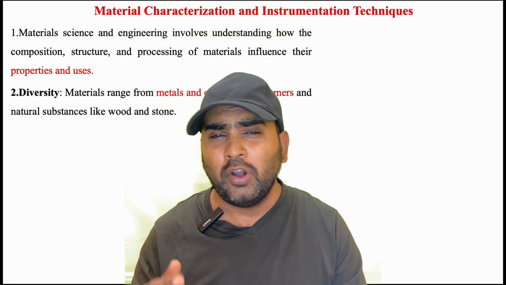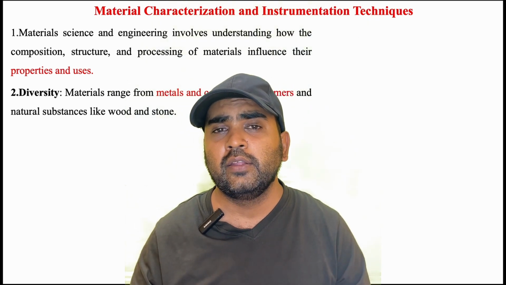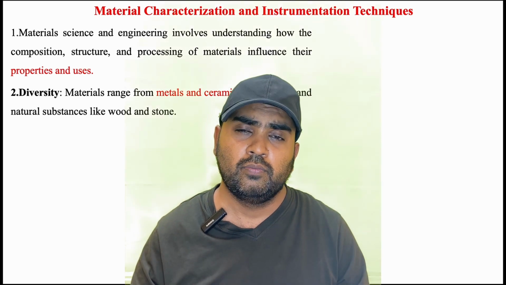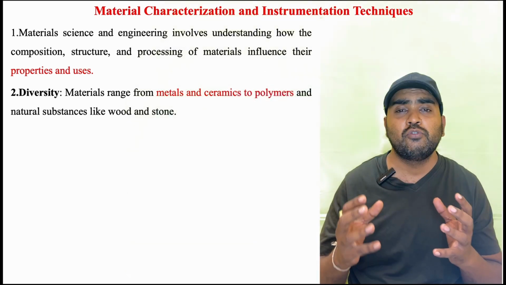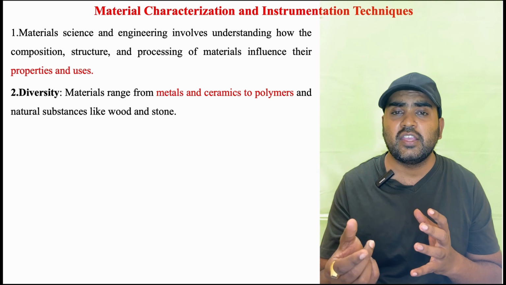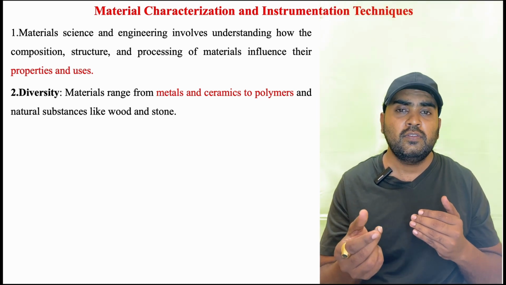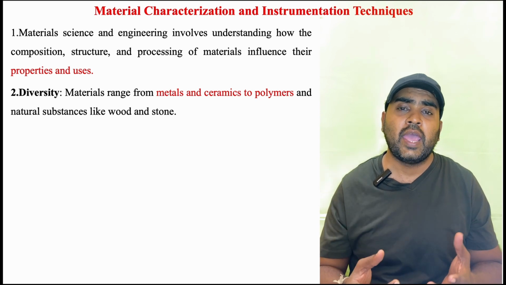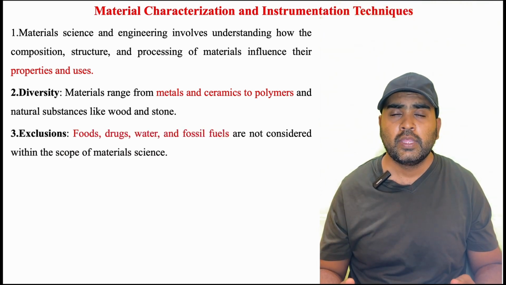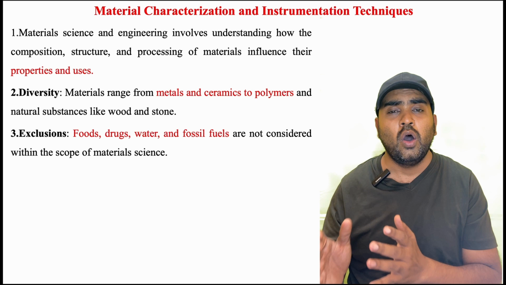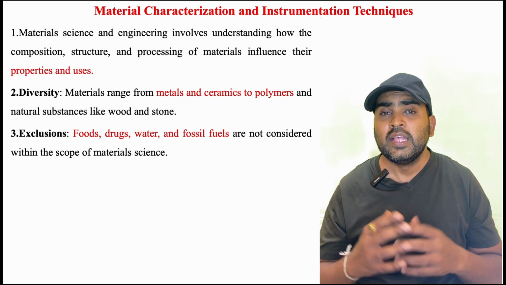Now, what kind of material can we use, or what kind of material can we change according to our application? In this process, we can consider any metal, ceramics, or polymers.